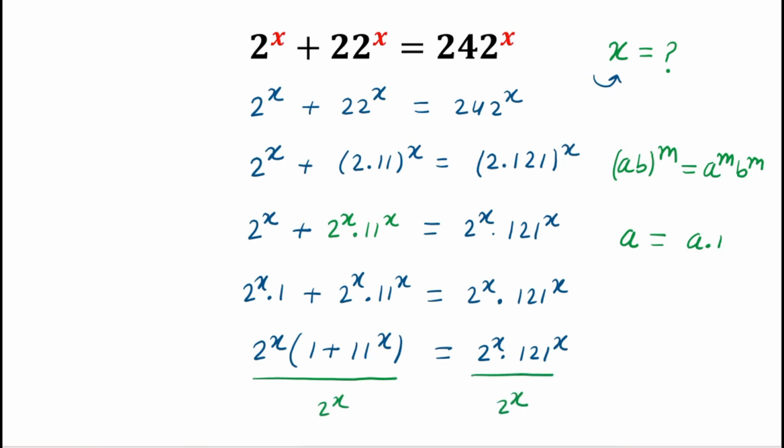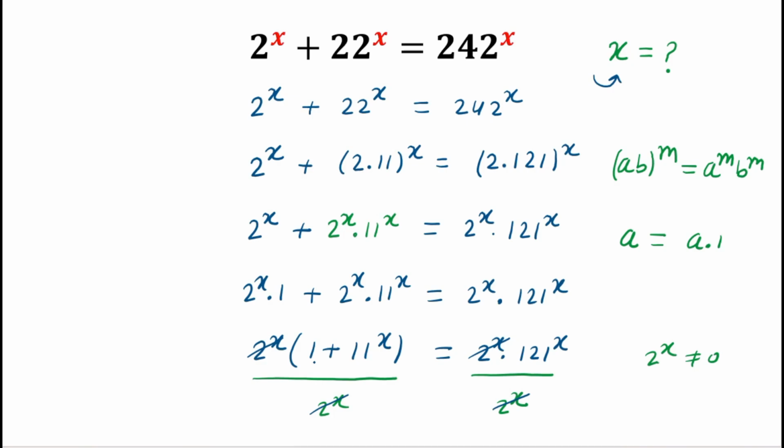The right hand side is also divided by 2^x, and 2^x cannot be equal to 0, because students, here we will talk about only real solutions, and if x is real then 2^x is always greater than 0. So now divide both sides by 2^x. Then on the left hand side this 2^x and this 2^x cancel out, and on the right hand side this 2^x and this 2^x cancel out.